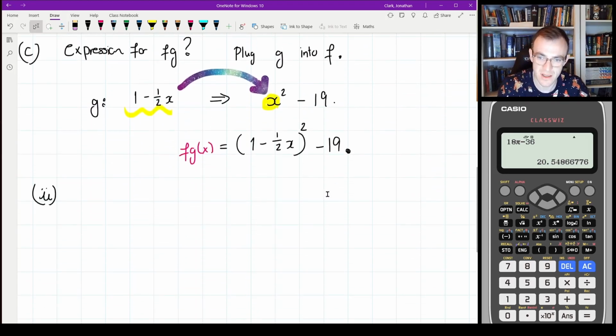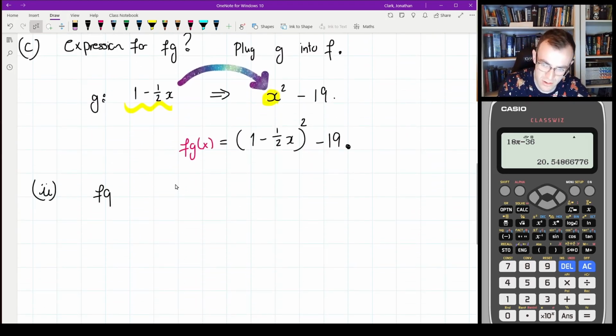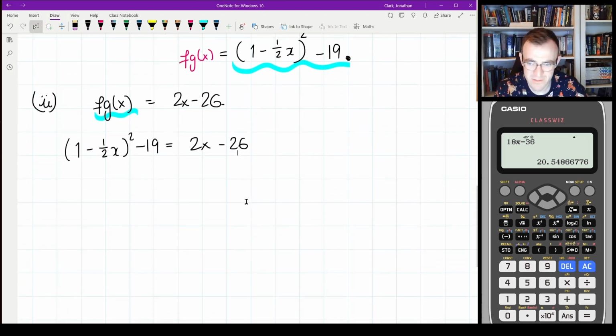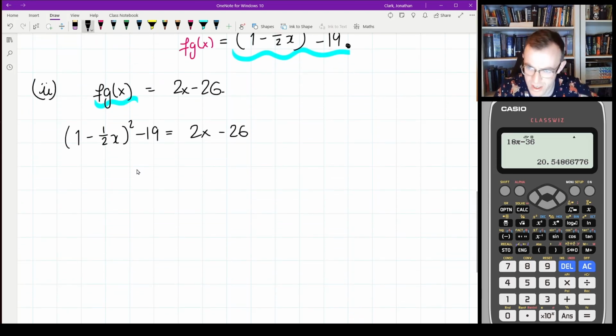So let's take this thing here and sub it there. Okay, this probably will end up as a quadratic equation. Let's take it all over to one side. Let's take it all over to the left.